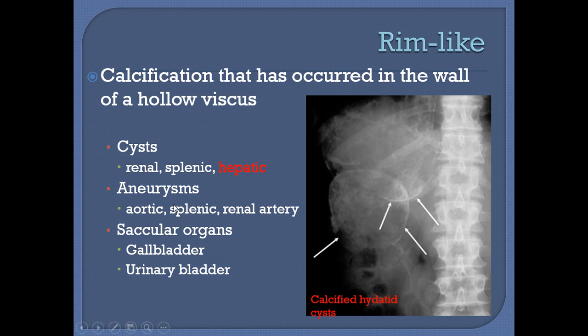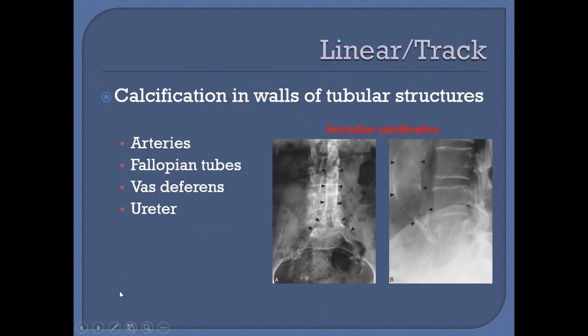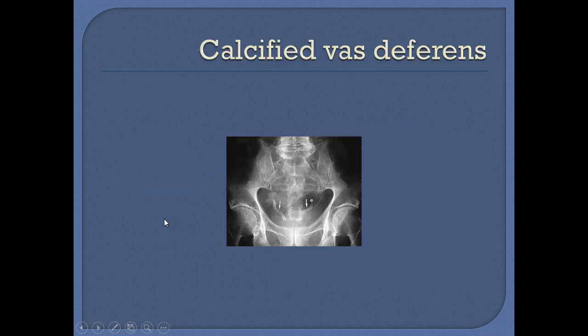Then peripheral calcifications can be in aneurysms, which can be aortic, splenic or renal, and in some saccular organs like the gallbladder or urinary bladder. Linear or tract calcification is usually seen in the walls of tubular structures like the aorta, iliac vessels, IVC, fallopian tubes, vas deferens and ureter.